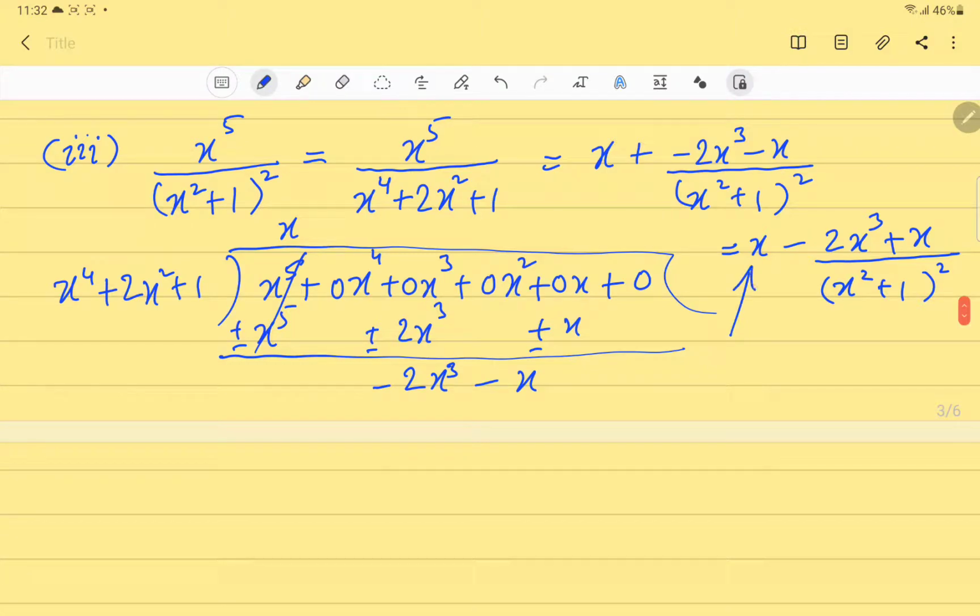This one we will ignore for the time being, and we will take only this term and make partial fractions of this. So this term is 2x cubed plus x over (x squared plus 1) whole square.